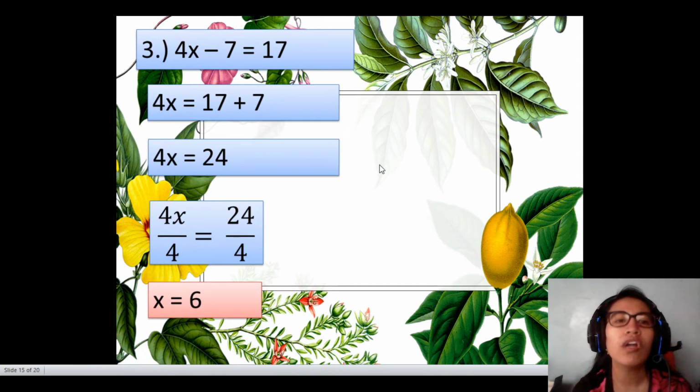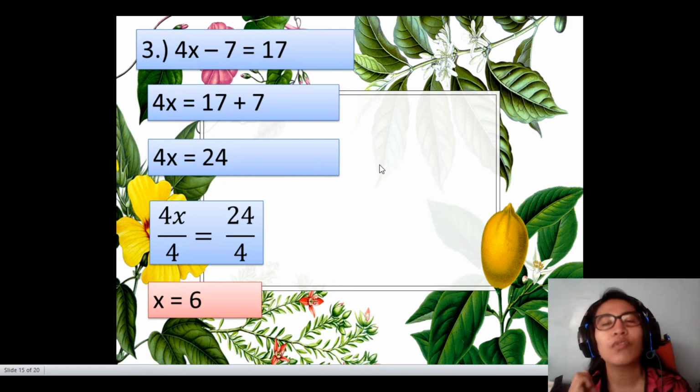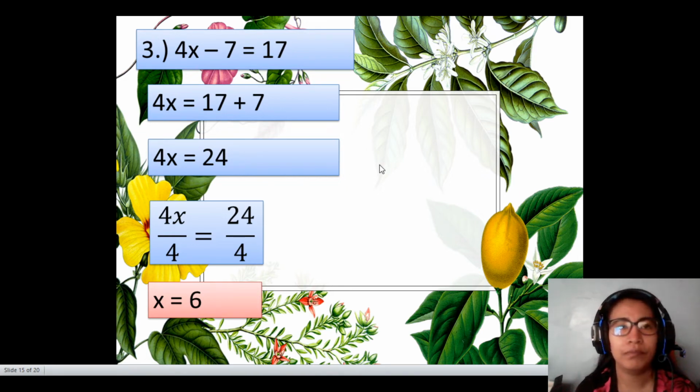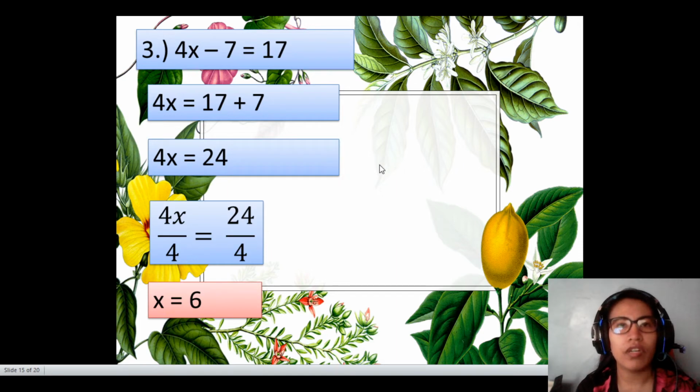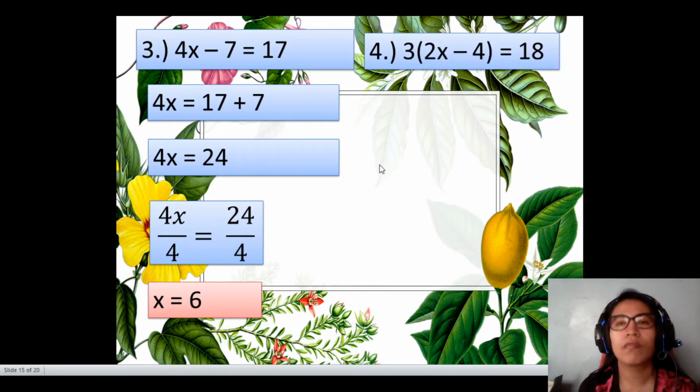We have 4 times 6, that is 24, minus 7, that is equal to our 17, which is correct. So that's how you check your answer if you're confused, if you're already correct with your answer in the value of the given variable in an equation.